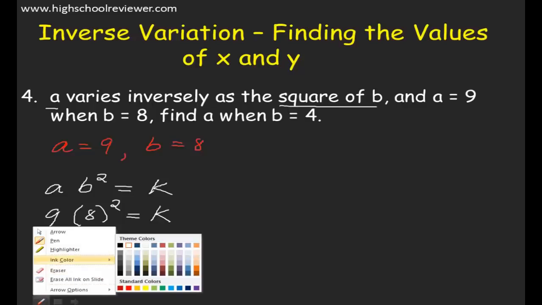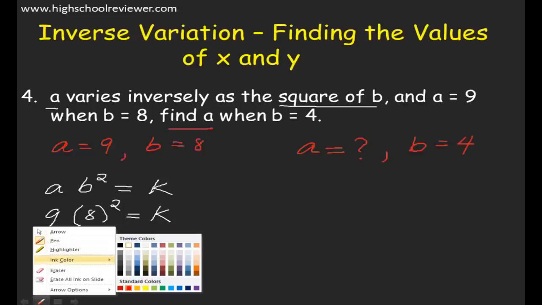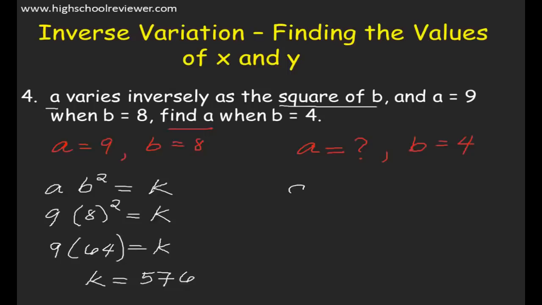Let us now find the second value for a and b. Since we need to find for a, our a here is the unknown when b is equal to 4. We will use the same equation, and that equation is a multiplied by b squared equals k. Our a is the unknown, and our b is 4.